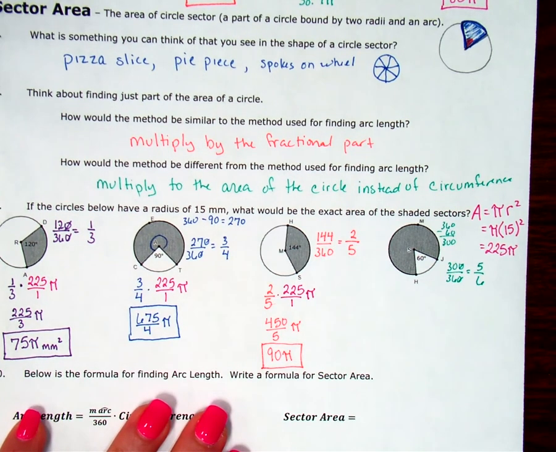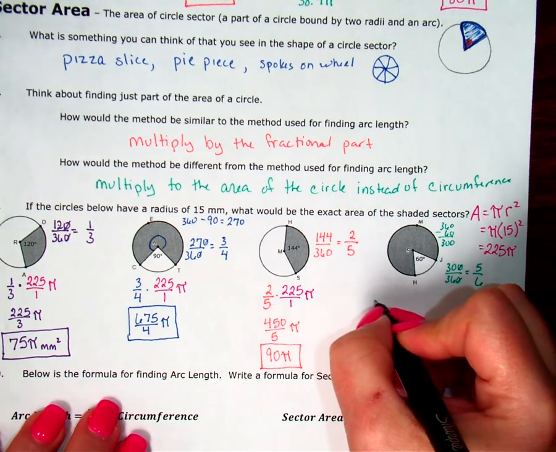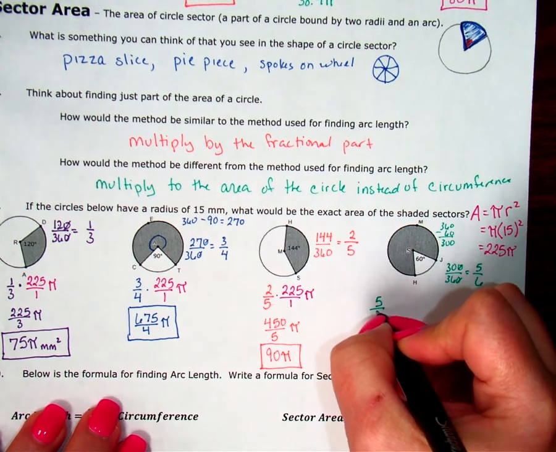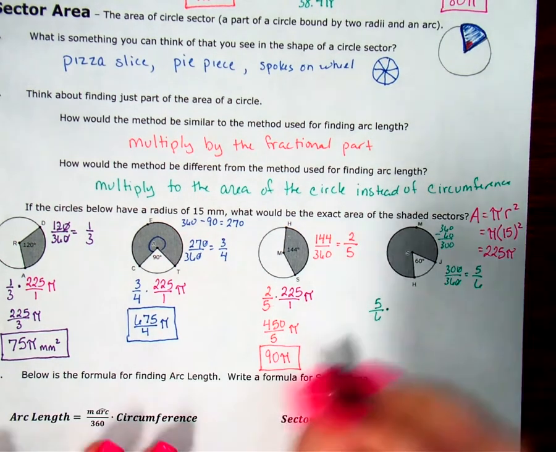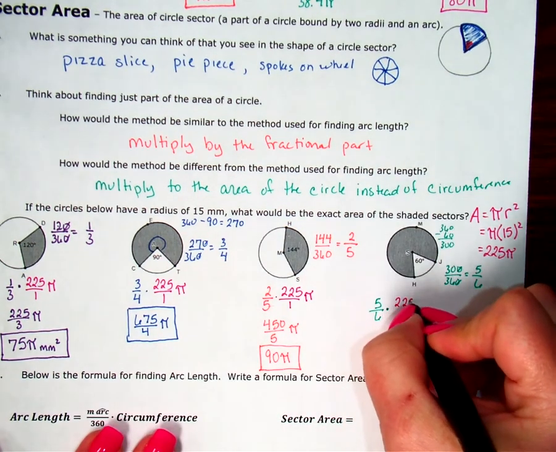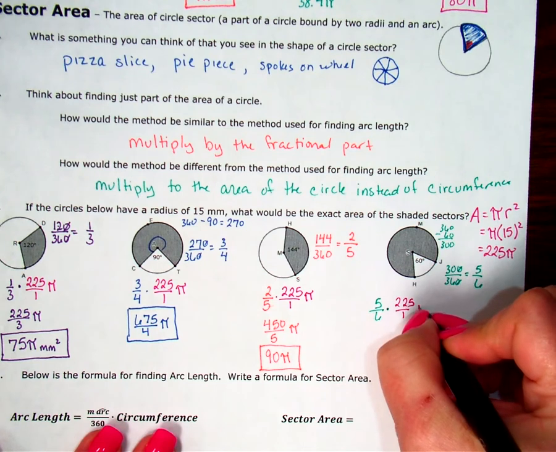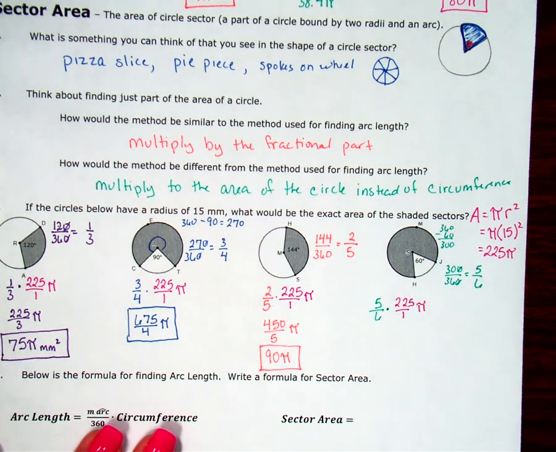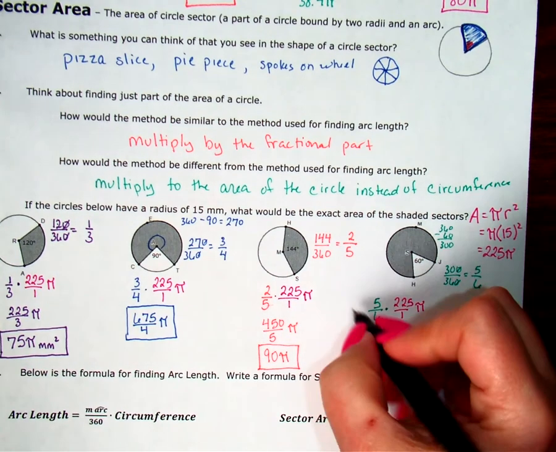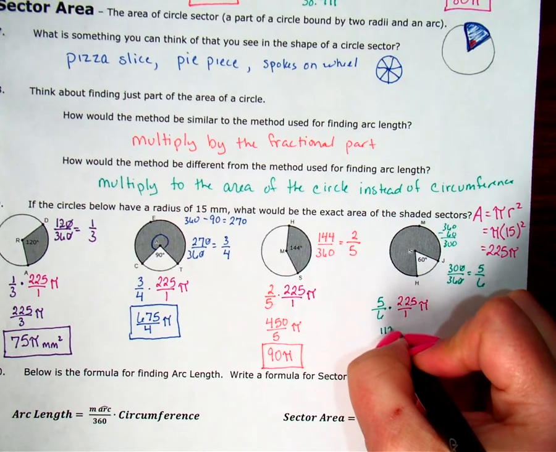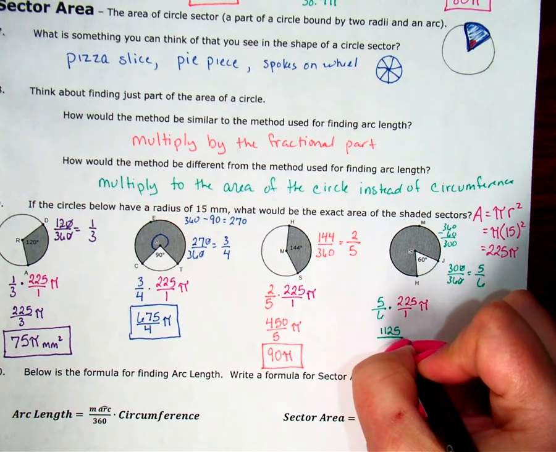So 5/6, that's hard for me to say, 5/6 times 225 pi, I'm going to do that as 225 over 1 pi. Let's see, 5 times 225 is 1125 over 6 times 1 is 6 pi.